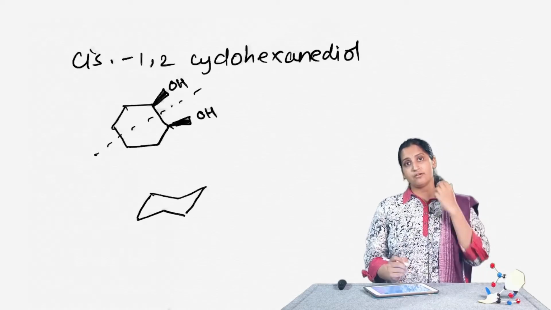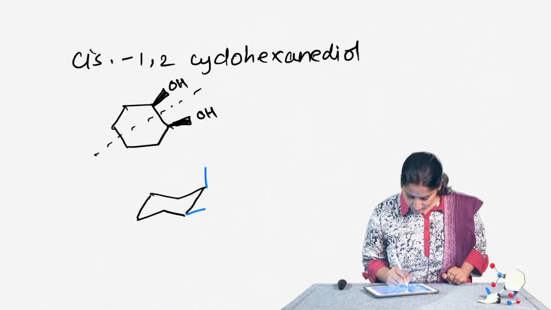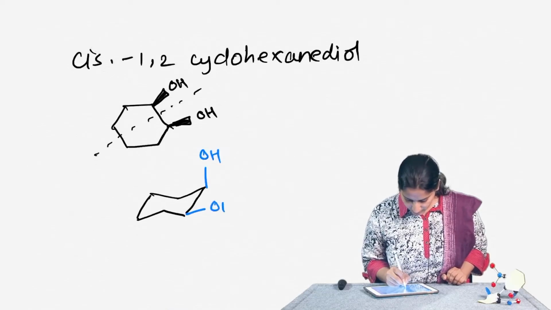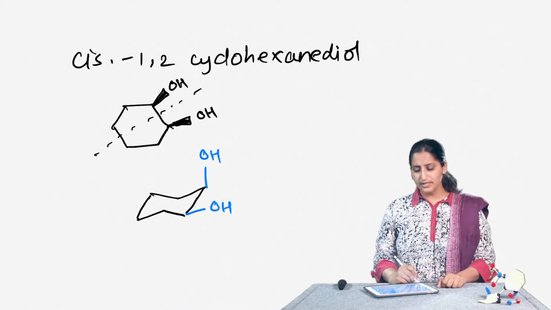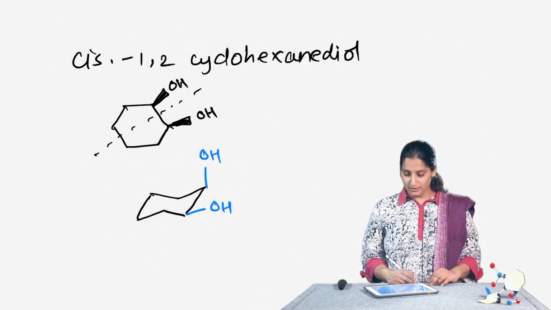In the case of 1,2 positions going on the same side, meaning it will be somewhat like this, right. There is no plane of symmetry now in the 3D form.